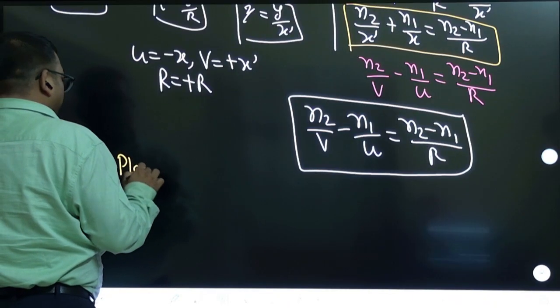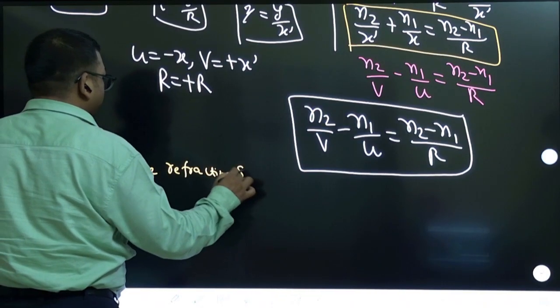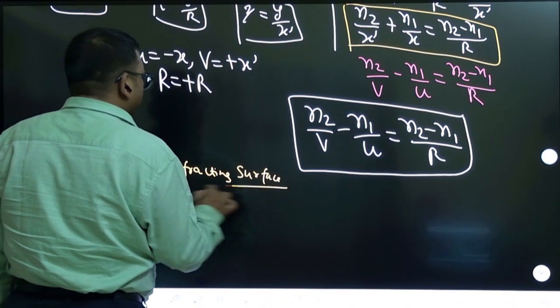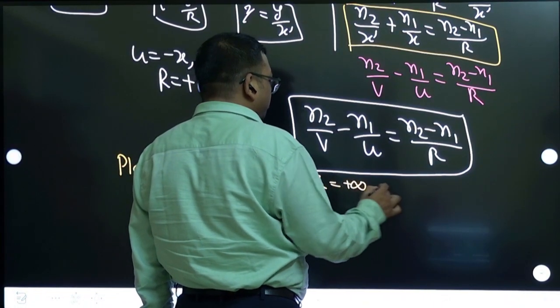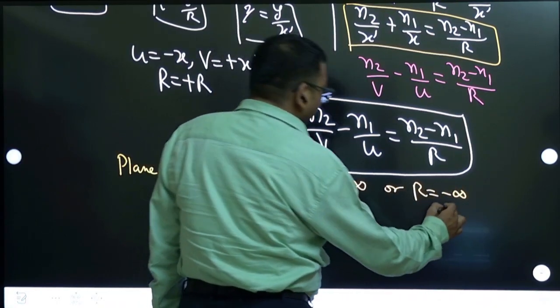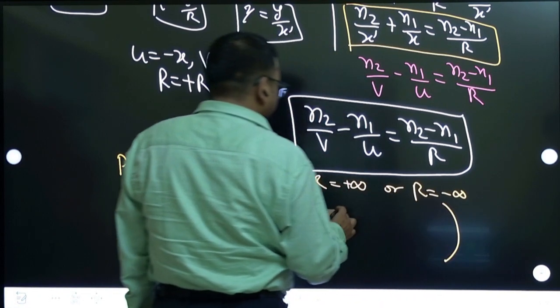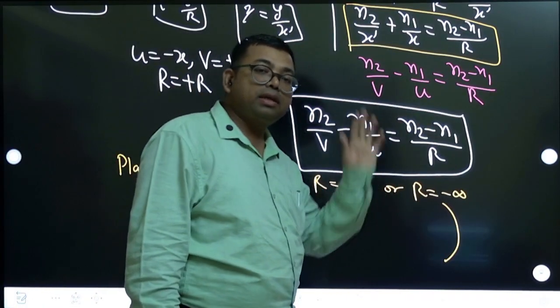Now if I consider that surface as a flat surface, a plane refracting surface, then you need to learn one thing. R is going to be infinity, either plus infinity or minus infinity. Minus infinity when the surface is like this, plus infinity when the surface is like this. That doesn't matter, because 1 by infinity is anyway 0.